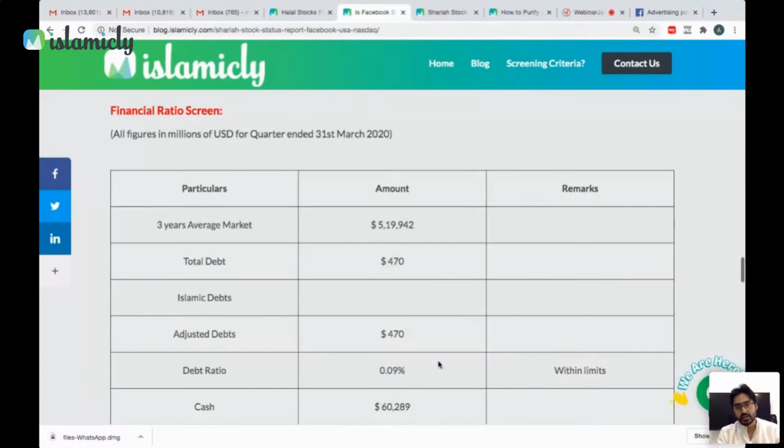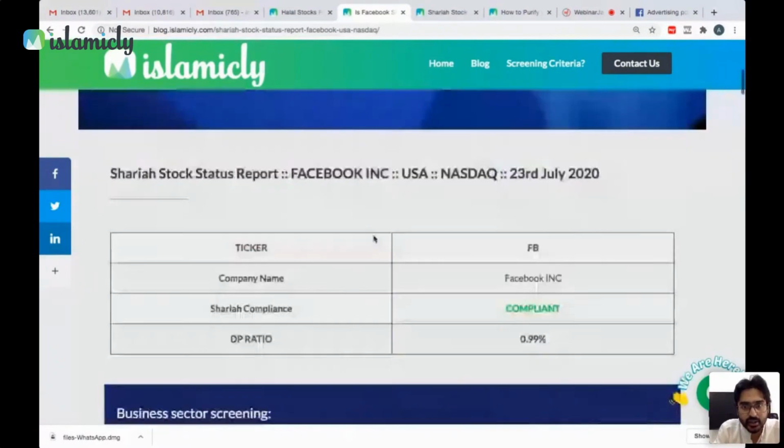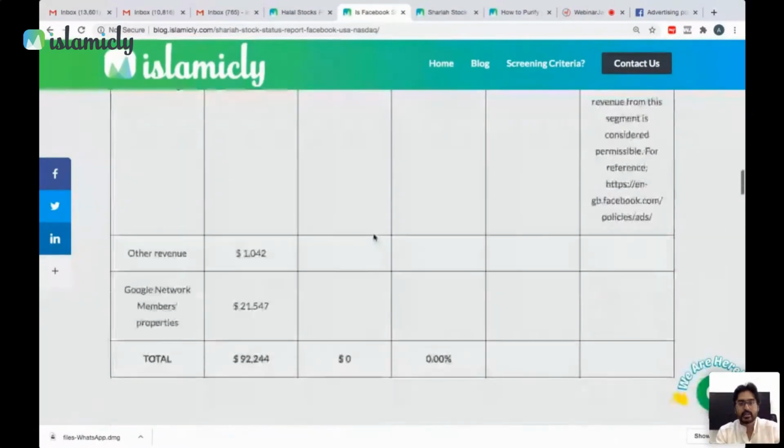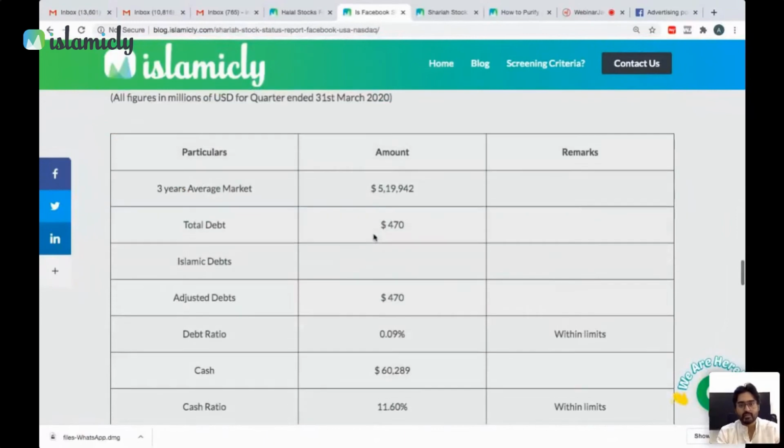Let's look at the financial ratio screening. Does it pass that? The company's valuation as on the date that we published, 23rd July, the 3-year moving average market capitalization was 519 billion 942 million US dollars. Okay, that is 519,942 million US dollars.